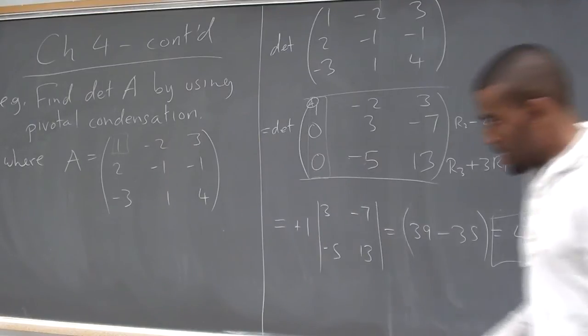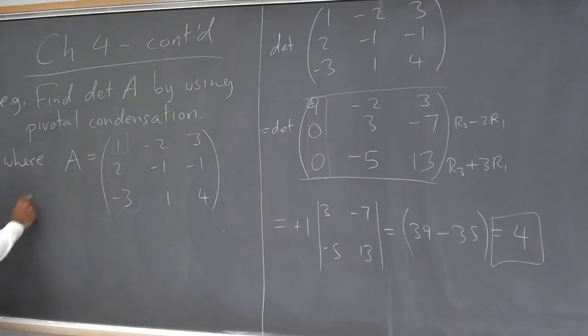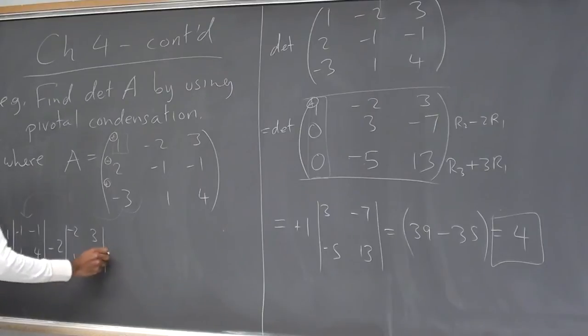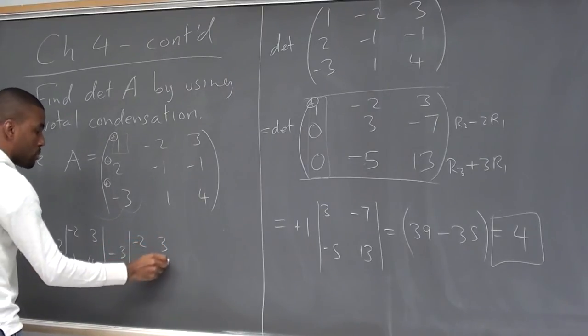So remember, alternatively, if you had originally just expanded along this row, what would the determinant look like? You'd have plus, minus, plus. And then you'd have 1 times the determinant of minus 1, 1, 4, minus 2 times the determinant of minus 2, 3, 1, 4, minus 3 times the determinant of minus 2, 3, minus 1, minus 1.